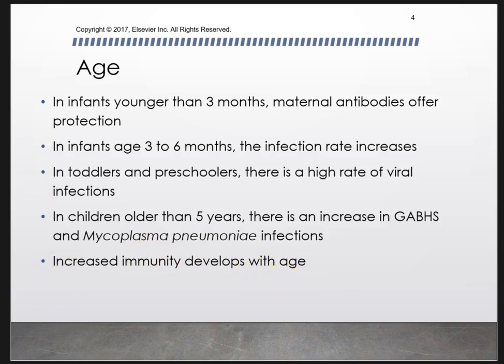Now, middle childhood is a time when there's decreased infection rates and that increased immunity is being built. And part of this is because the lymphoid tissue increases within the body. So they've had exposure to new pathogens. Their body's like, oh, hey, we can do something about this, and it's beginning to really build that up for the kiddo.